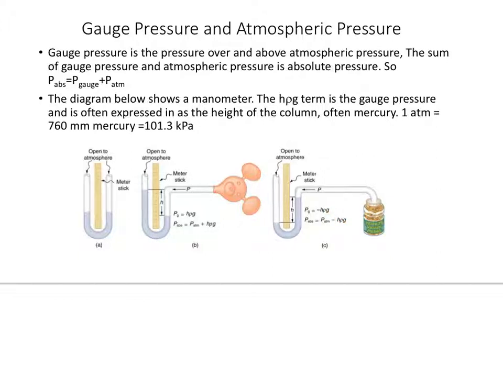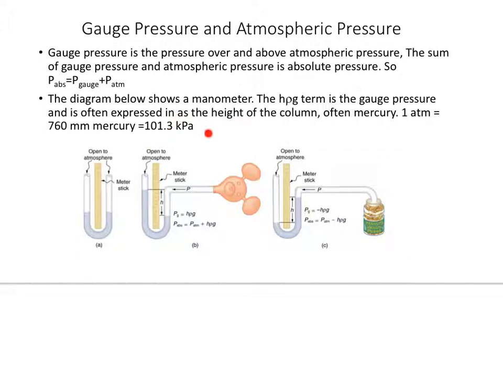By the way, sometimes pressure is expressed just in atmospheres, which is the approximate atmospheric pressure, and that's equal to 760 millimeters of mercury. This pressure is sometimes just expressed in millimeters of mercury, which is also equal to 101.3 kilopascals.